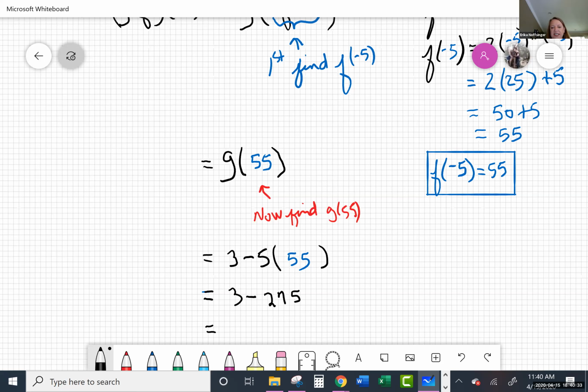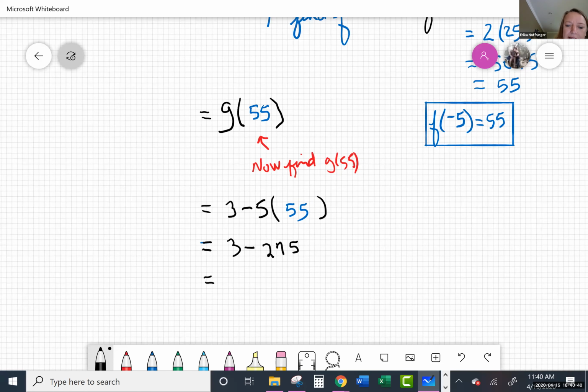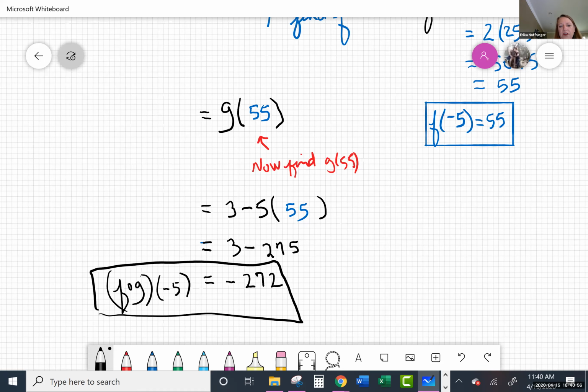Adding a positive and a negative, 275 minus 3 is 272. The larger one was negative, so this is negative 272, which should be the exact same thing I had gotten before.